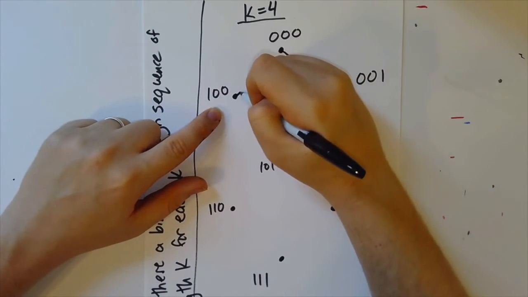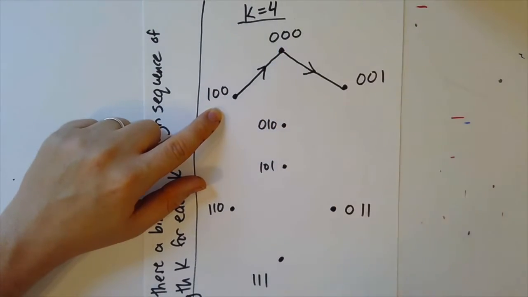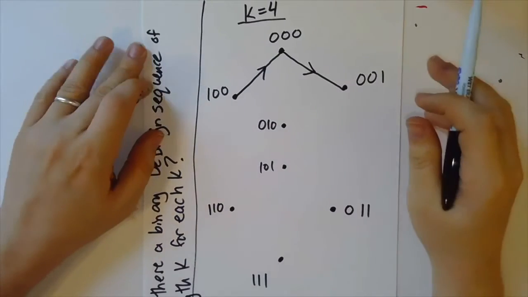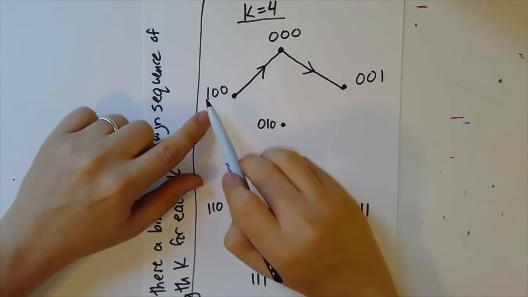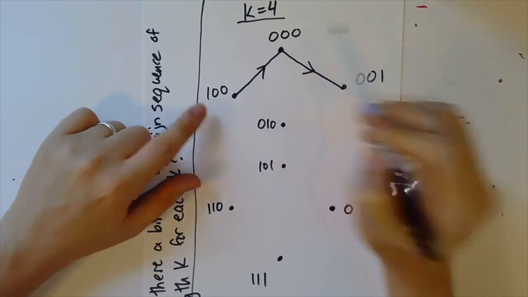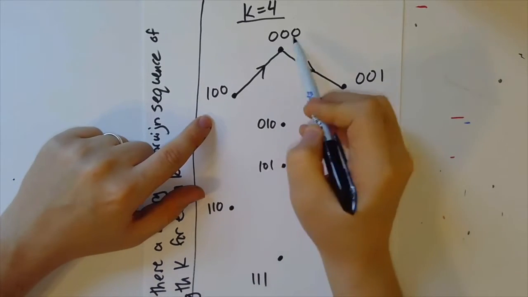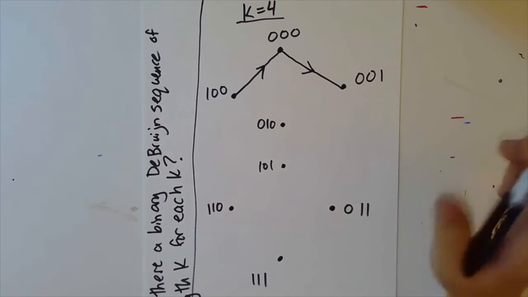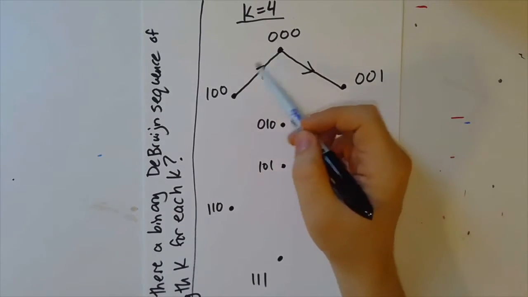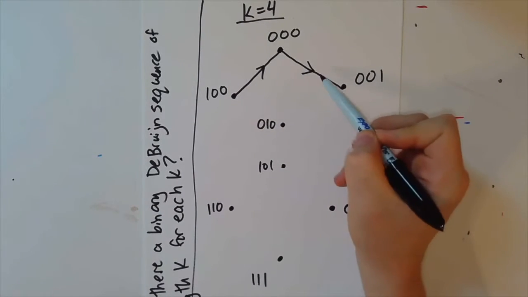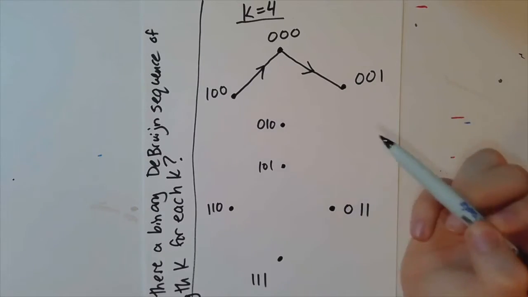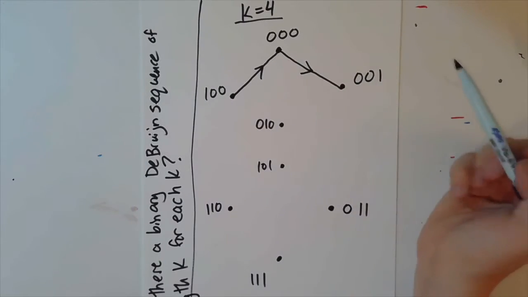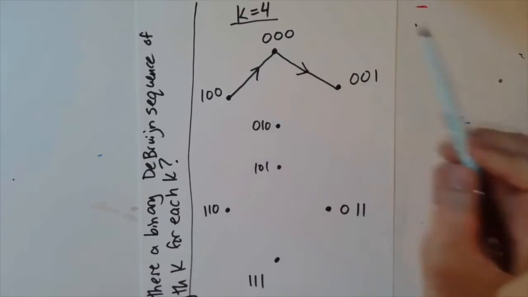Likewise, this edge is going to correspond to the string 1, 0, 0, 0. Again, these two line up there. Now, you might notice immediately that I'm drawing arrows on these edges because the order actually matters. I get a different string if I go 0, 0, 0, 1.